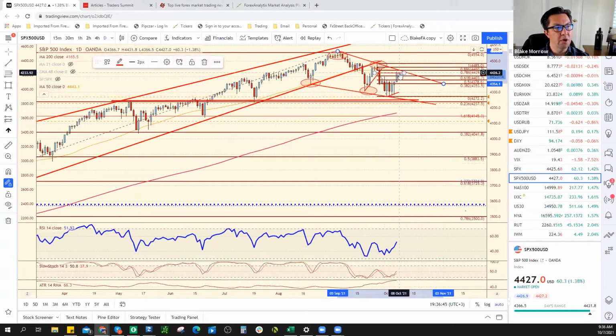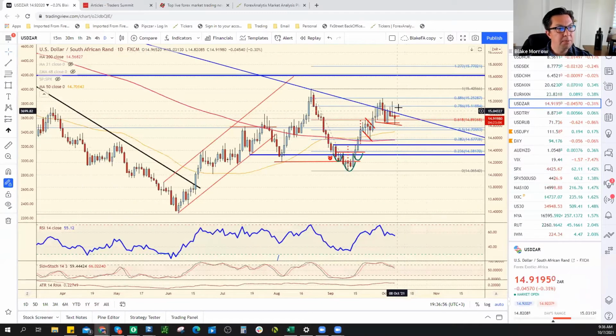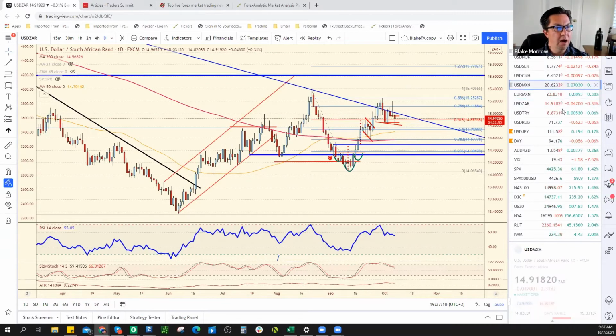If that's the case, and the market comes back down again, then I would think the dollar rand pops back up towards this 1510 level. So that's something I'm paying attention to right now: it's holding up pretty well in the face of the market rally. So that's number one.